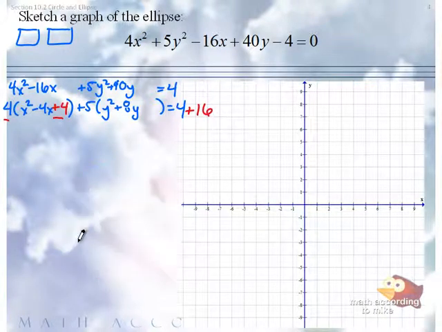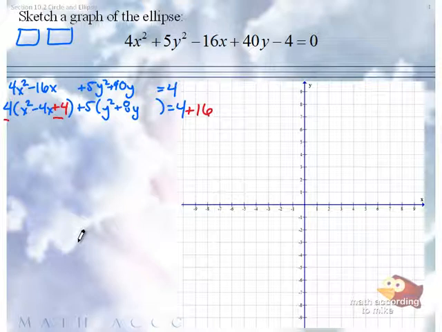We added the 4 to complete the square in here, because we took half of negative 4, which is negative 2, and squared it, which made positive 4. So this is now a perfect square. But if we add 4 here, we're really adding 16, because if you were to distribute this 4 through, there would be a 16 there. So if you add 16 to the left, you have to add 16 to the right to balance it.